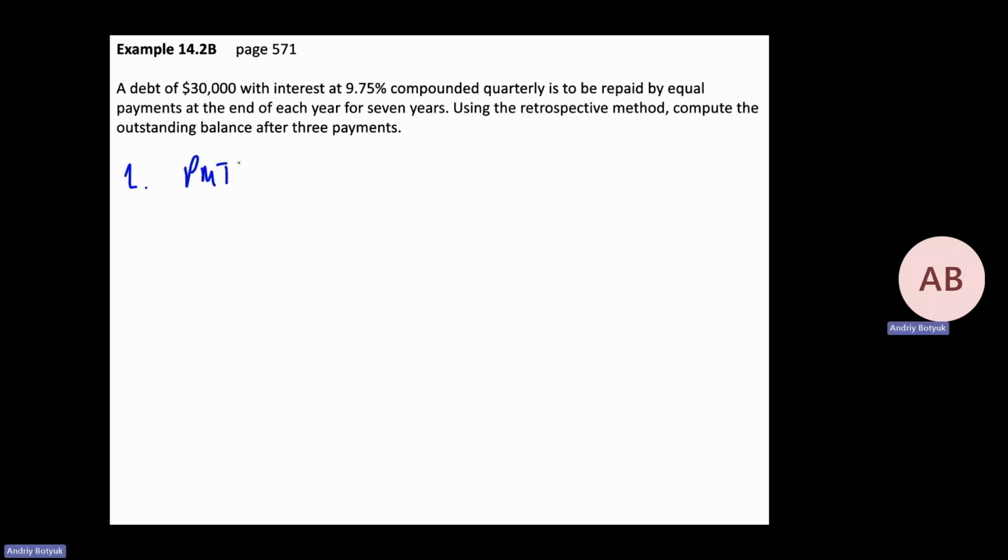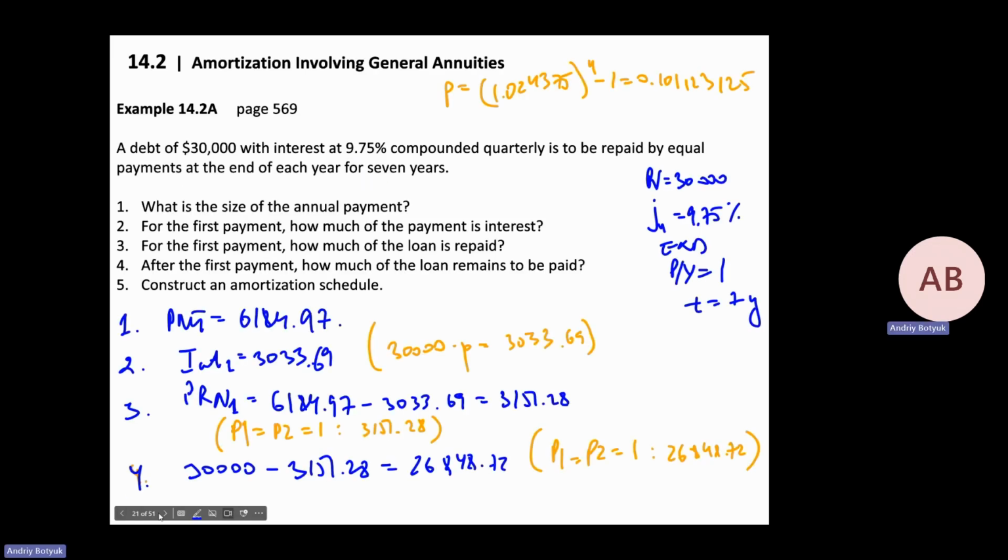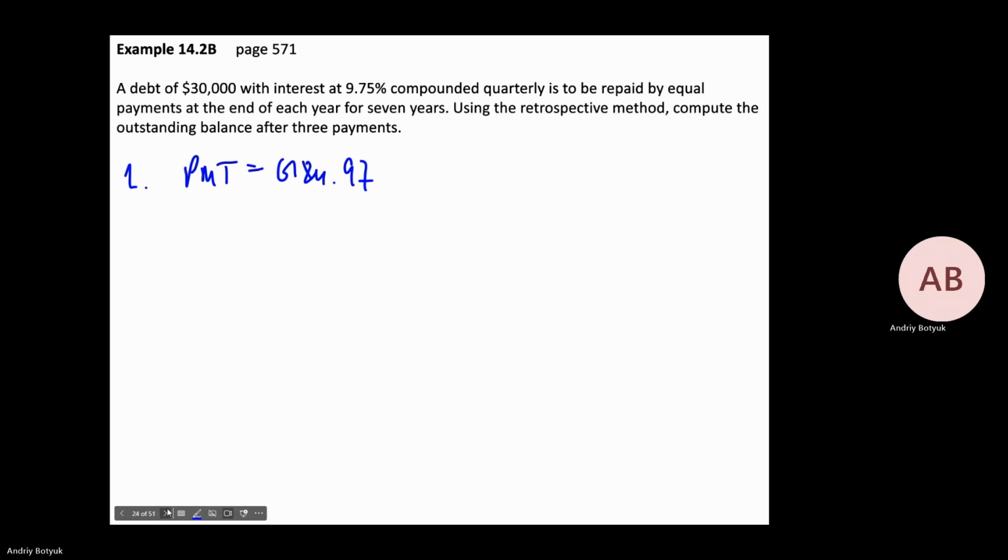I happened not to clear the entry. That was the payment, correct? Yeah. Now they say using the retrospective method, so we need to use formulas, right?